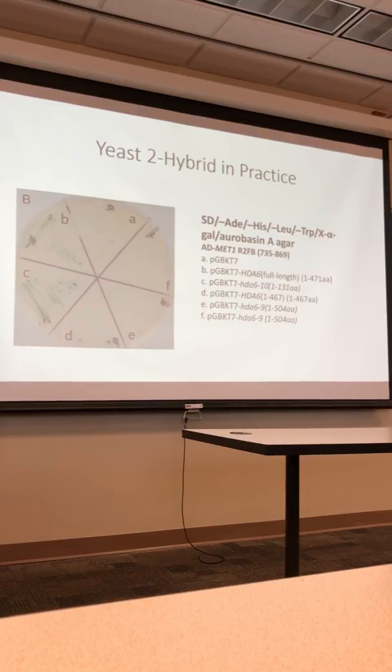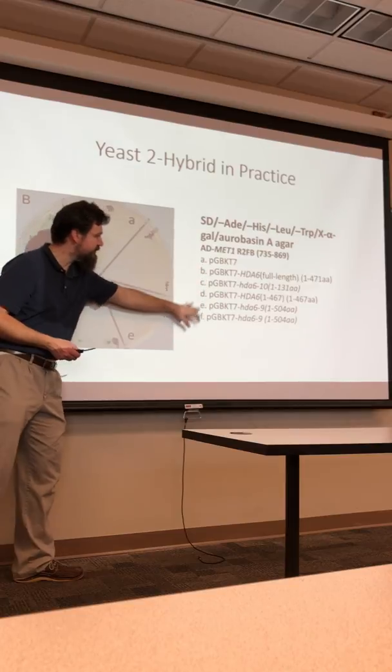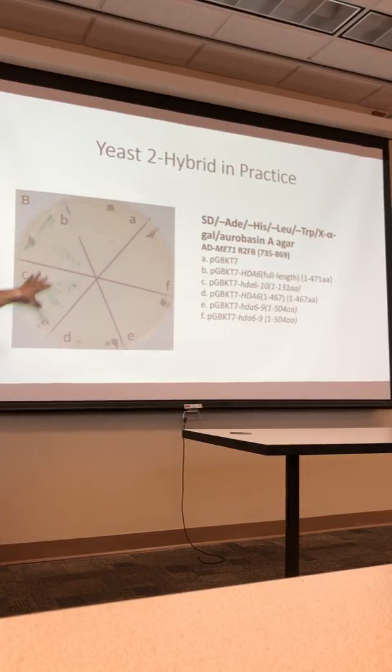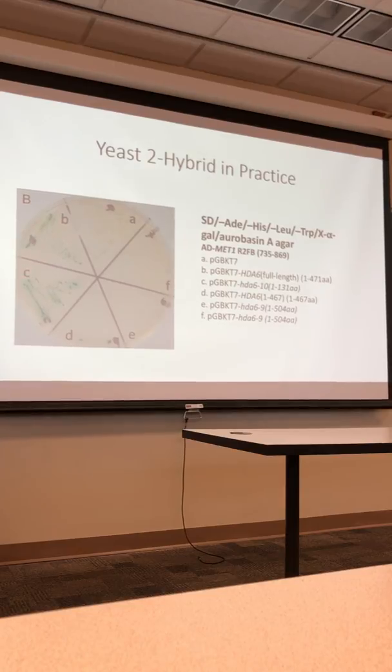It destroyed the interaction. This is HDA6, and they've truncated this one slightly. Yeah, it must have messed up its structure. Weird. But do you get the idea? It's not about the specific type. It's that if it interacts, you can see this readout.